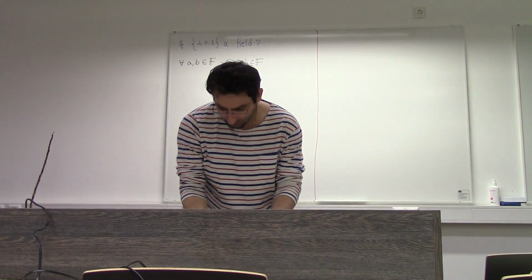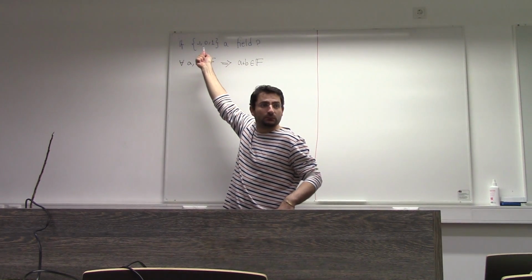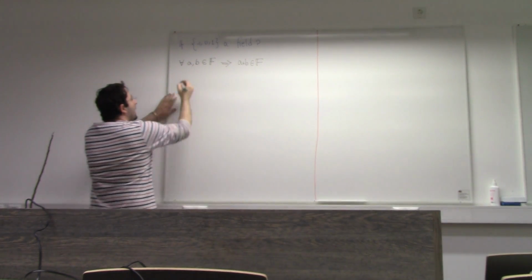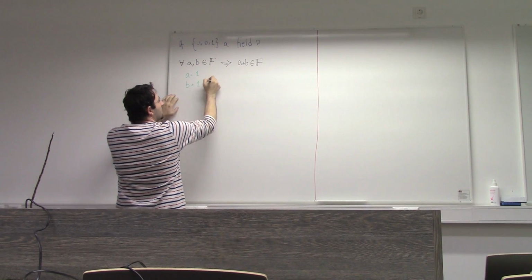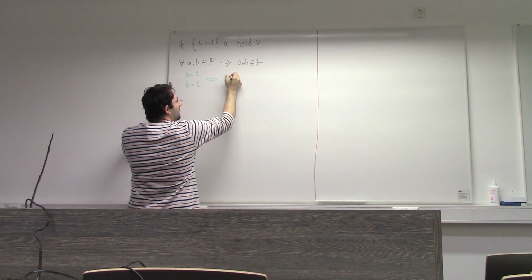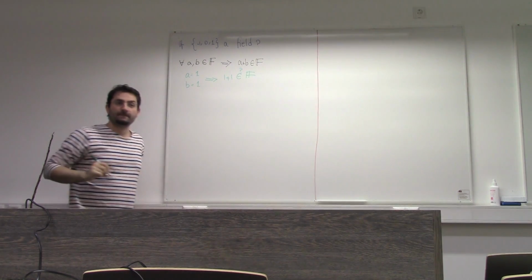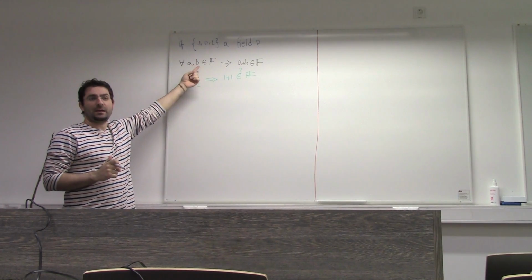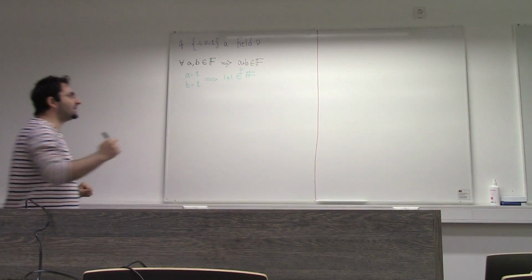Now, is this valid for this set? We want to show that no. A is equal to 1, B is equal to 1. So let's see if A plus A belongs to F. Because it doesn't say that A and B cannot be equal to each other, right? So it fails.